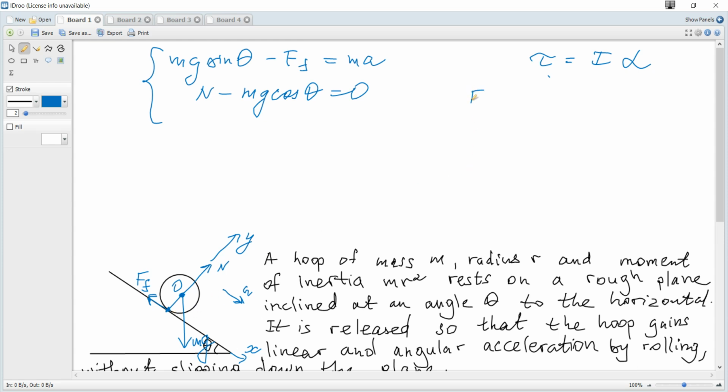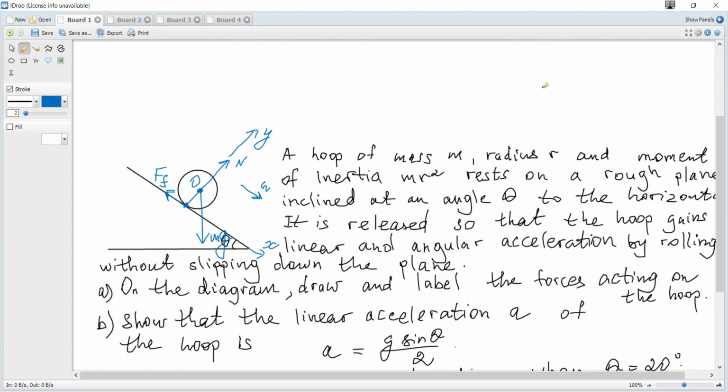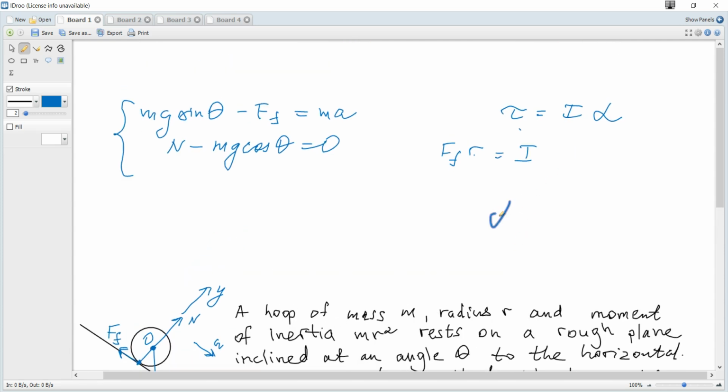It's the frictional force multiplied by the perpendicular distance, which is just the radius r, and it equals the moment of inertia times angular acceleration. Since angular acceleration is linear divided by radius, we write a divided by r. Multiplying both sides by r, we can write that F frictional is the moment of inertia times linear acceleration divided by r squared.